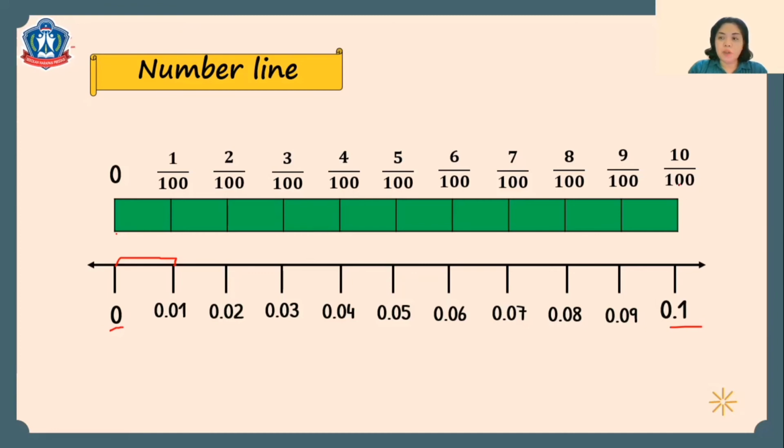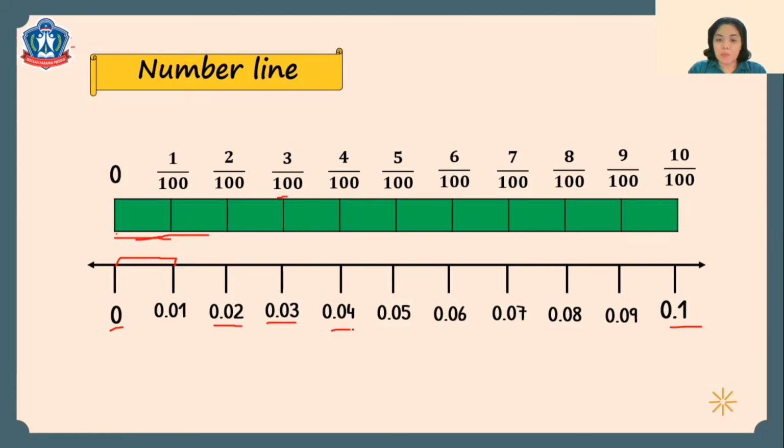So one part is 1 hundredth. If two parts, 2 hundredths or 0.02. Three parts, 3 hundredths or 0.03.